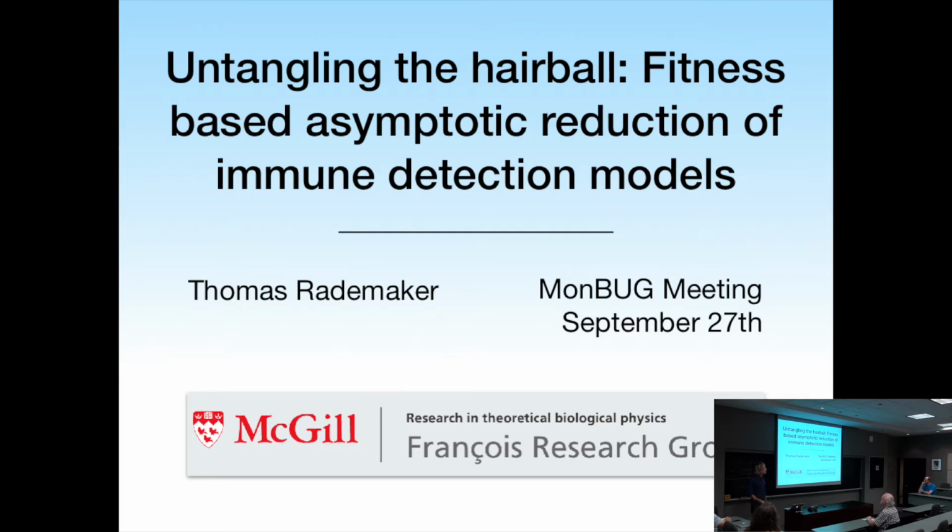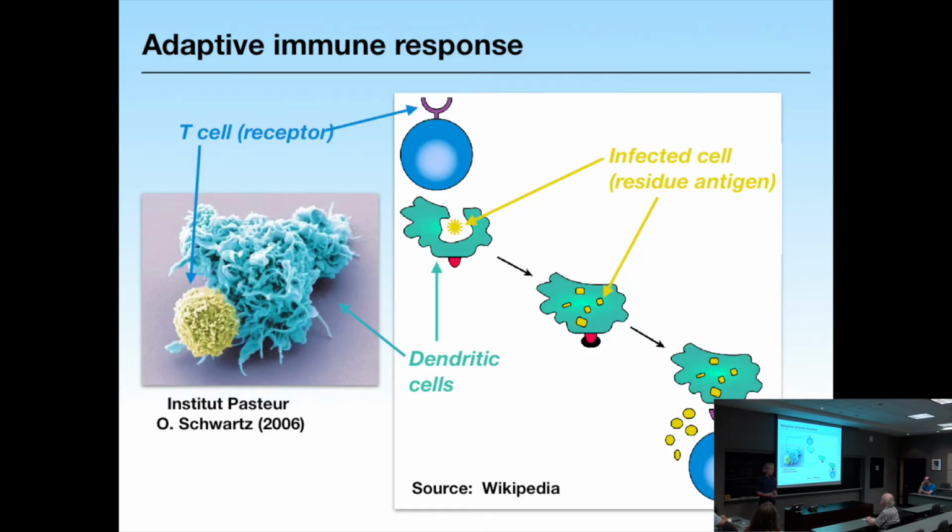So we're going to study immune detection models, and I'll start with the adaptive immune response. So we see a dendritic cell, that's the green thing right there, which has captured some infected cell or a non-infected cell. And it will take the residues down there and present it to the T cell.